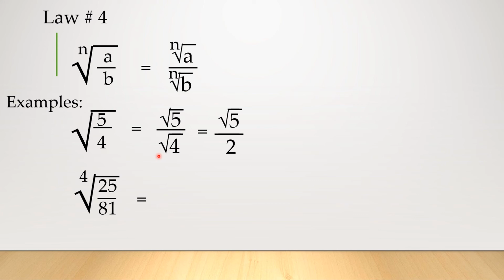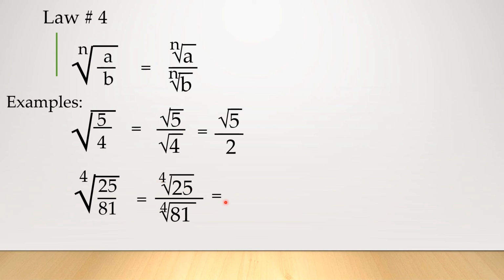Now, I have here the fourth root of 25 divided by 81. So I can separate this, the fourth root of 25 divided by the fourth root of 81. Now, 25 again is not a perfect root for this index 4, which means that there is no number raised to 4 that the answer is 25.